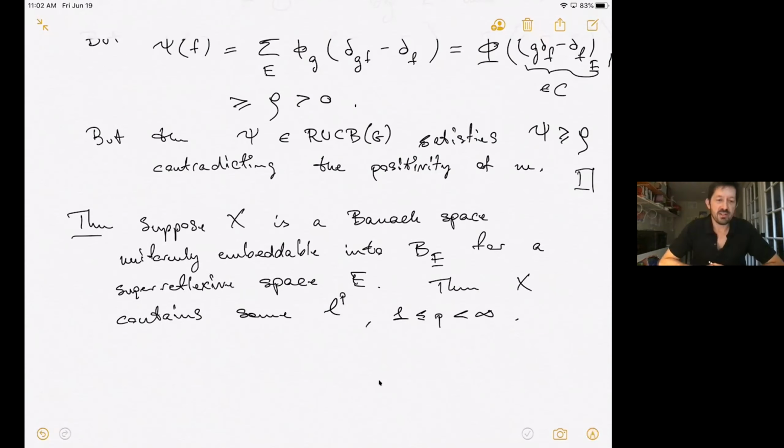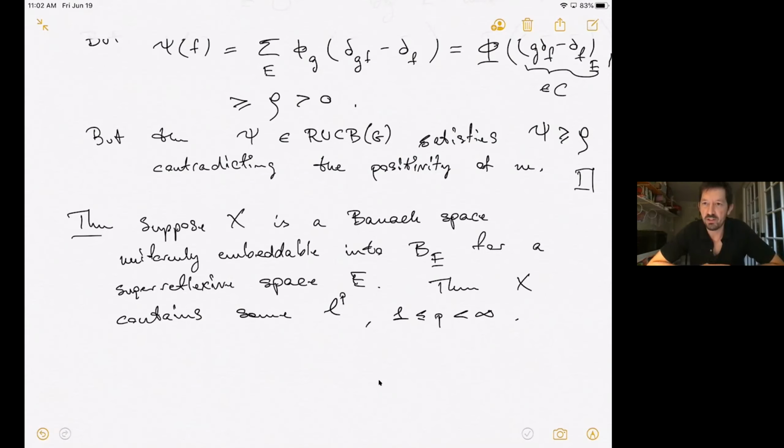Okay, now there's a jump here between one theorem and the other. So let me say what the idea is here: it comes from amenability. If you take a Banach space, this is an amenable topological group.